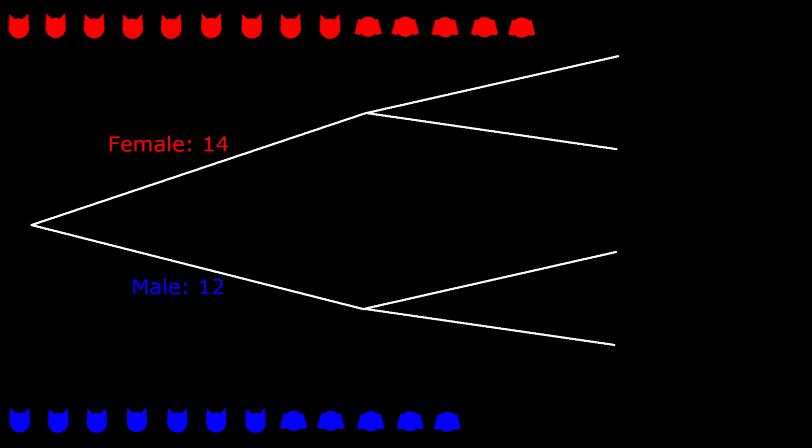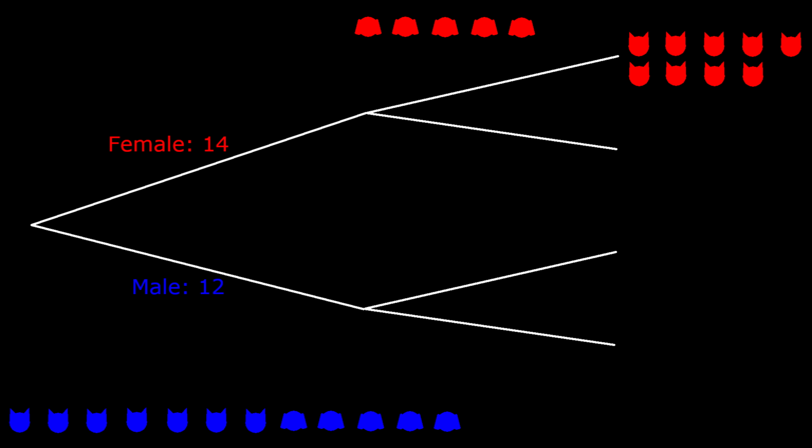And so what we will do is we will create a branch at each end. So we will say, okay, there were 14 females. Now let's split up how many females chose cat and how many females chose dogs. And same thing with males. We had 12 males. Let's split those up. So each of these, this top branch is only dealing with females. This bottom branch is only dealing with males.